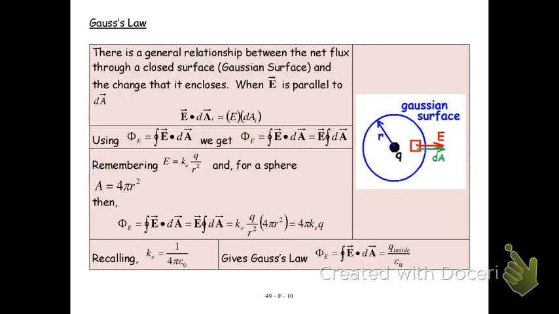It's on the surface of the sphere. So I have a charge, and I have a point of interest, and I decided to draw a Gaussian surface that was spherical and symmetrical about that charge. We're going to use symmetries a lot because it makes the math easier.